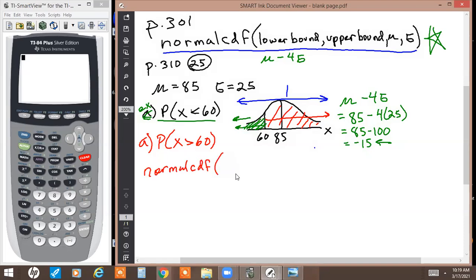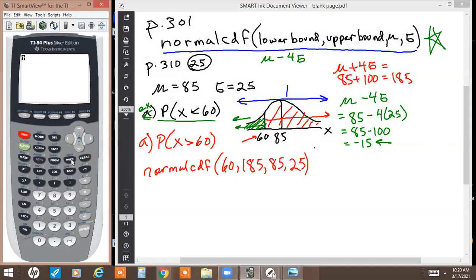We'll make our lower bound 60. We'll make our upper bound mu plus 4 standard deviations. So that's 85 plus 100, which is 185. Then mu is 85 and sigma is 25. This will be more direct.